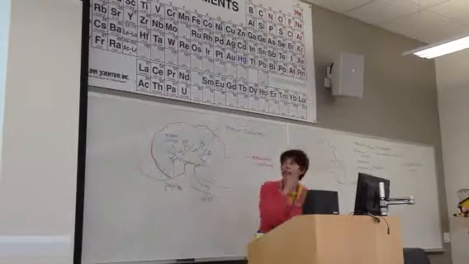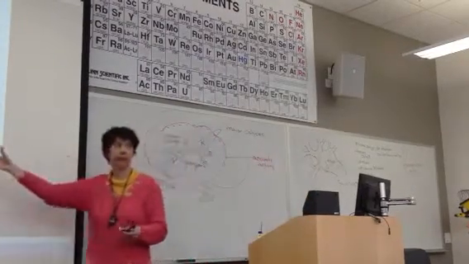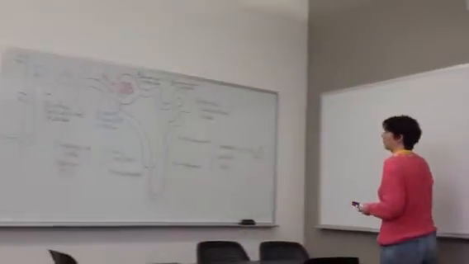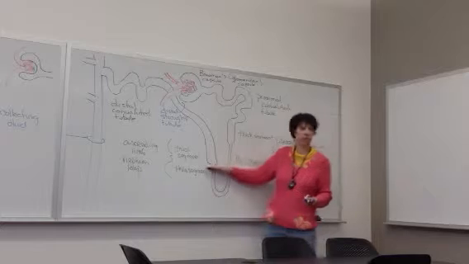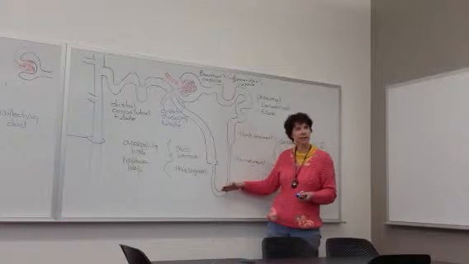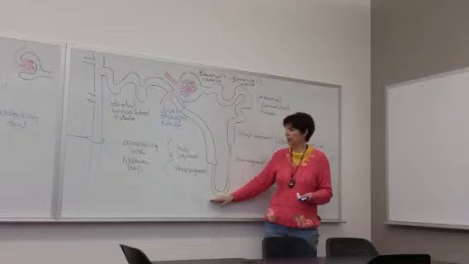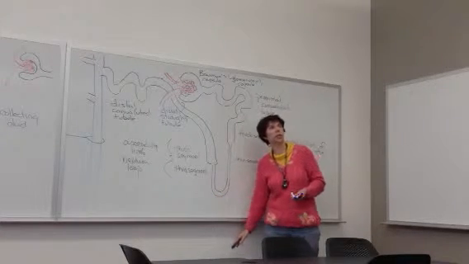Now when we look at the placement of the nephron in the medulla, we can have short nephron loops that are above the arcuate artery, or we can have long nephron loops that are below the arcuate artery.